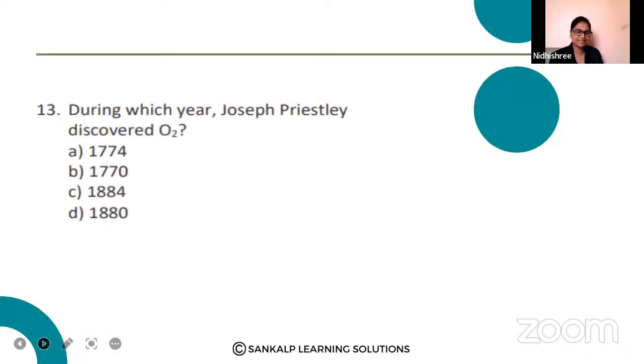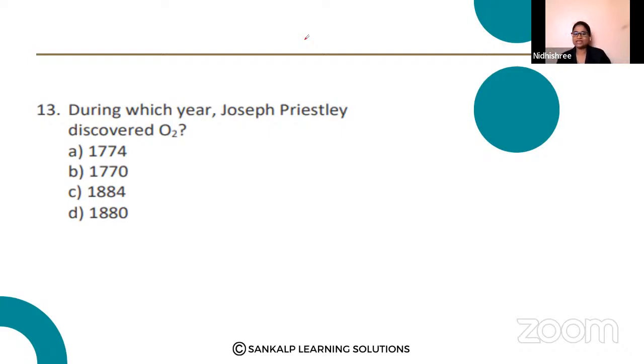13th question goes like this, guys. In which year did Joseph Priestley discover oxygen? Option A, 1774. Option B, 1770. Option C, 1884. Option D, 1880. Kavita, option A. Parvati, Chaitra, option B. Naveen, Shilpa Nayak, option B. Amruta, Rakshita voted for option A. The date he started the experiment is different from when he got to know that he discovered oxygen.